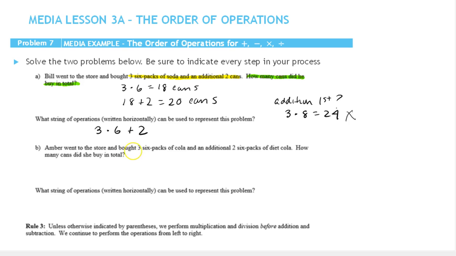Amber went to the store and bought 3 6-packs of cola and additional 2 6-packs of Diet Cola. How many cans did she buy in total? Okay. So there's a few ways to think about this, and I'd actually like to do this in 2 different ways.